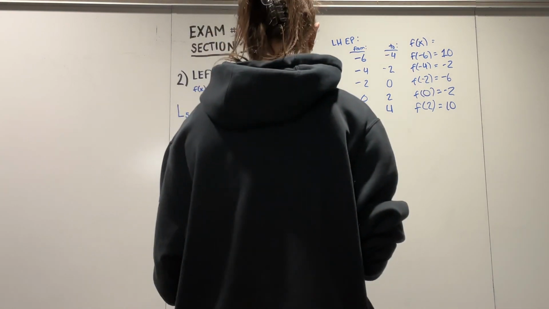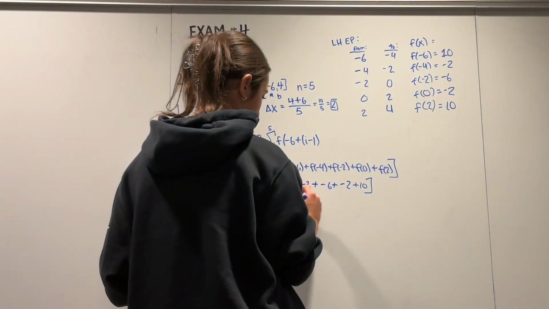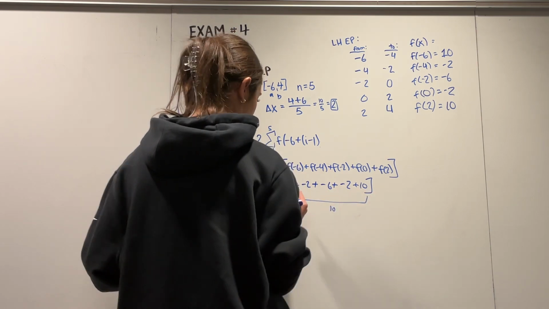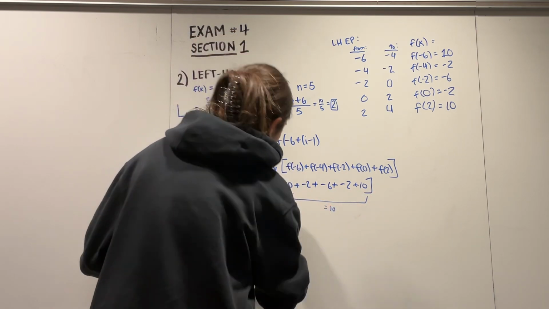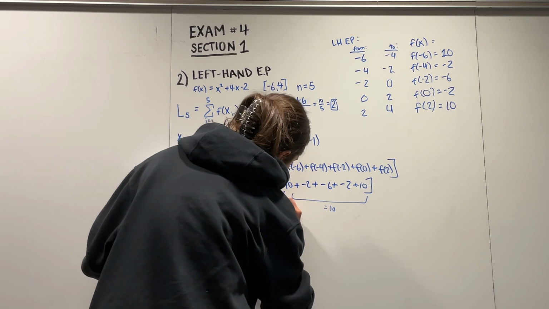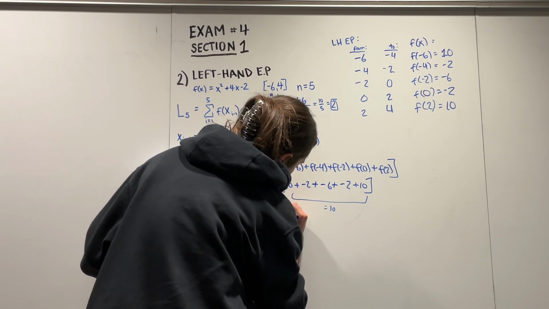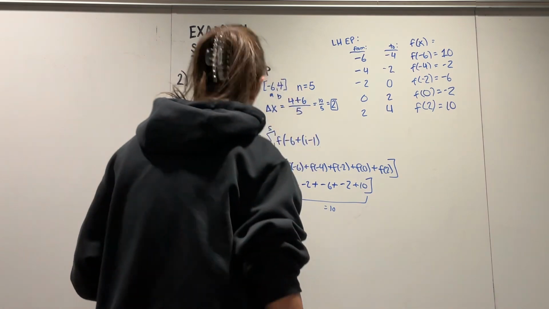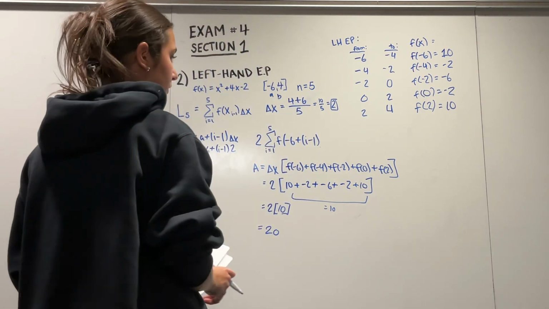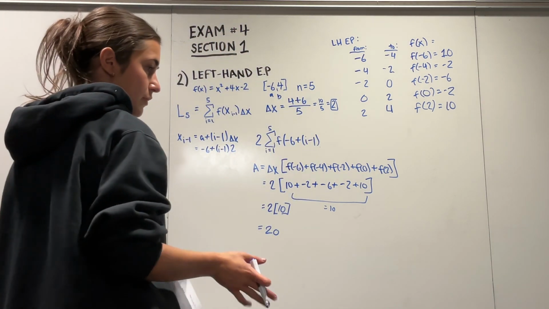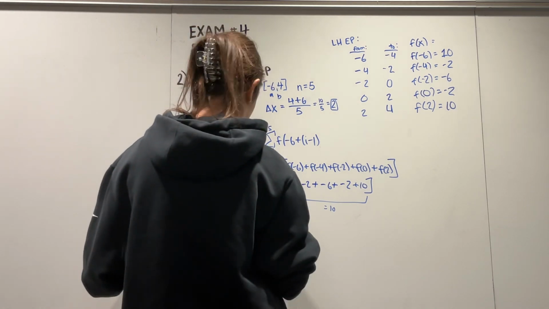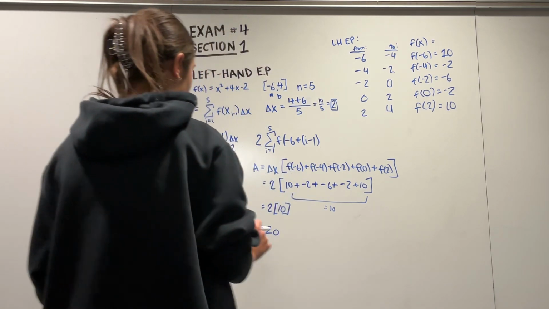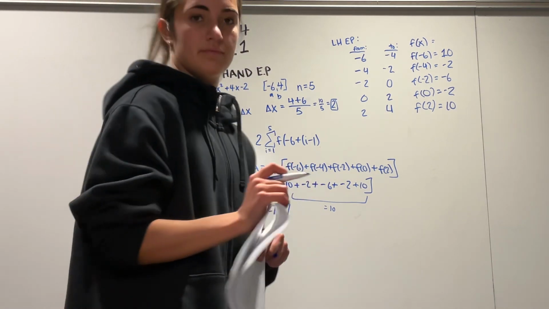And then this will all add up to 10. So then we're left with 2 times 10, and then that equals 20. So our final answer is 20. And that's going to be a left-hand estimation of the area.